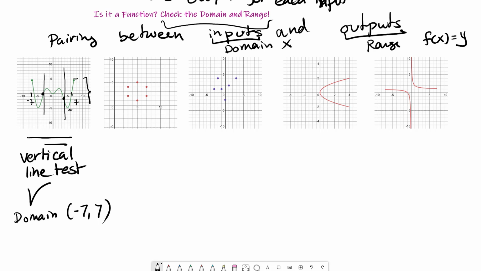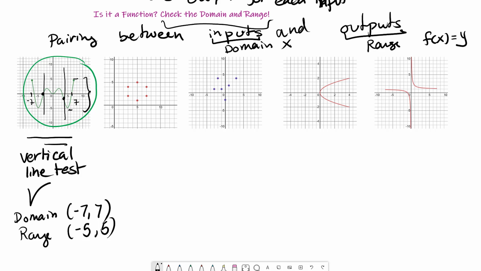Okay, so this is our range. So range is from about -5 to 5. It's not exact. So this first one is a function, and let's circle the ones that are functions in green.